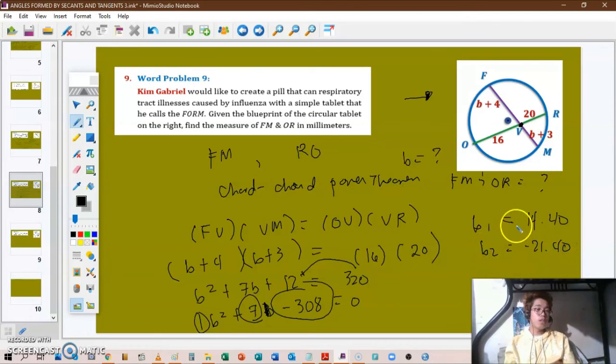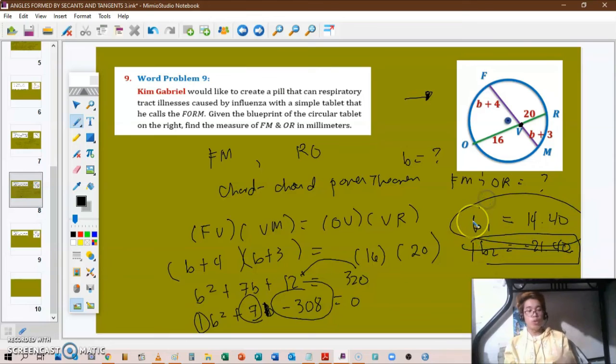And again, since we cannot take a negative value for our segments here, therefore the value of B is going to be equal to 14.40 millimeters. So to solve for the value of FM, FM is going to be equal to B plus 4 plus B plus 3. And we know that the value of B is equal to 21.40.